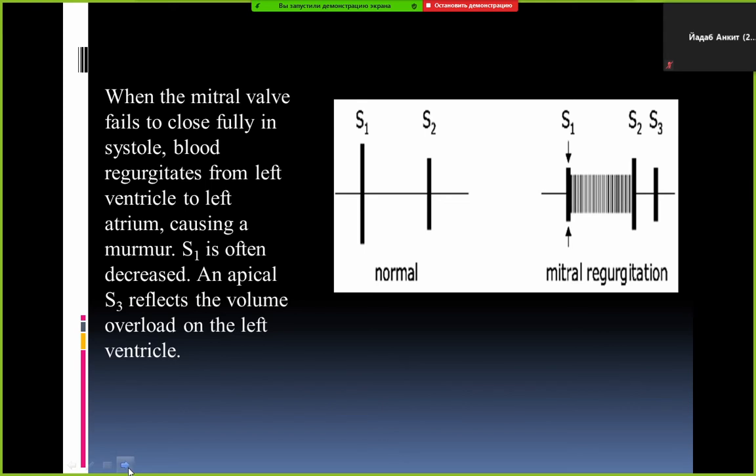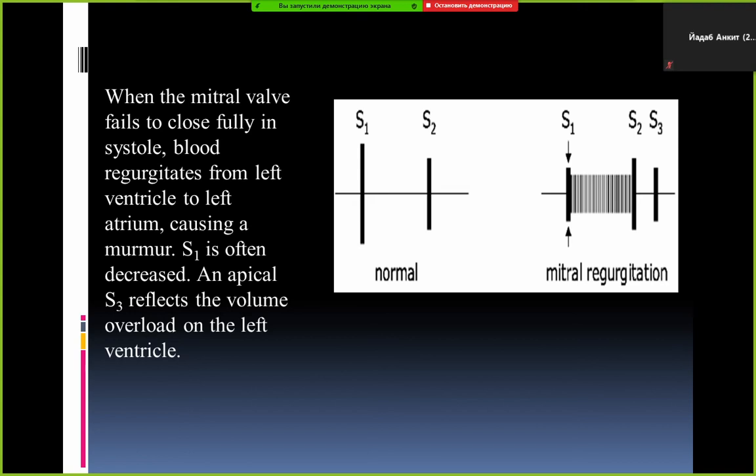So this picture illustrates the auscultation picture of mitral incompetence. When the mitral valve fails to close fully in systole, blood regurgitates from the left ventricle to the left atrium, causing a systolic murmur, which is registered between S1 and S2. S1 is diminished because the valve component of S1 is disturbed.